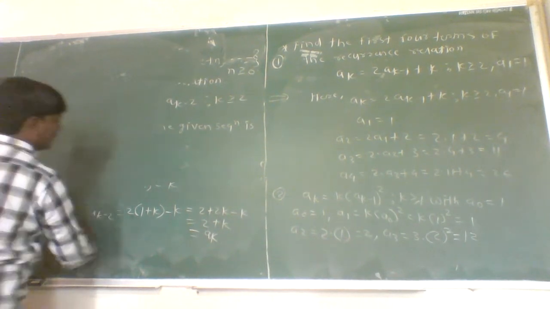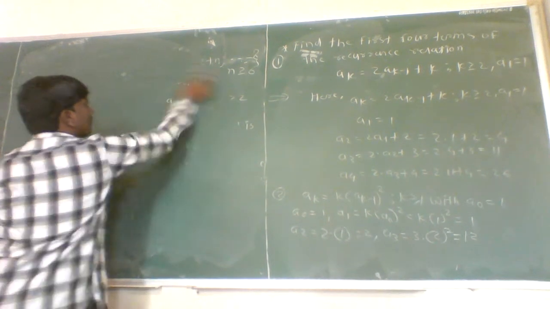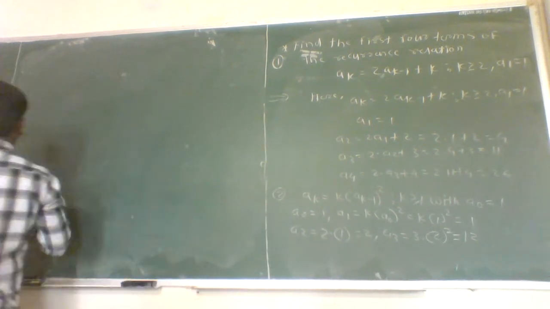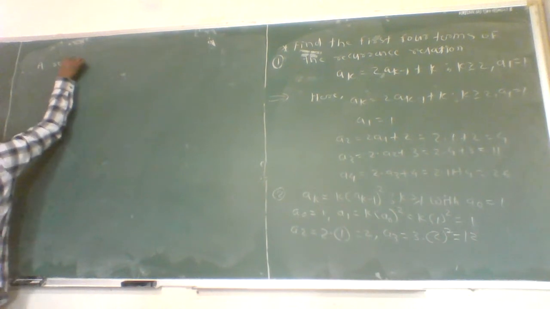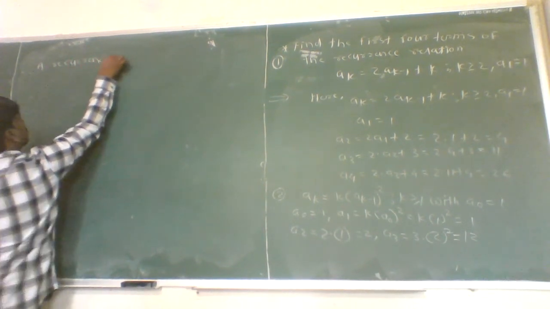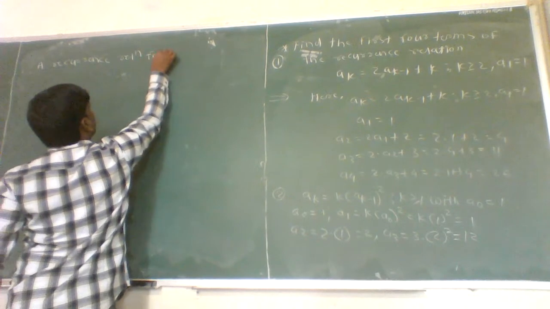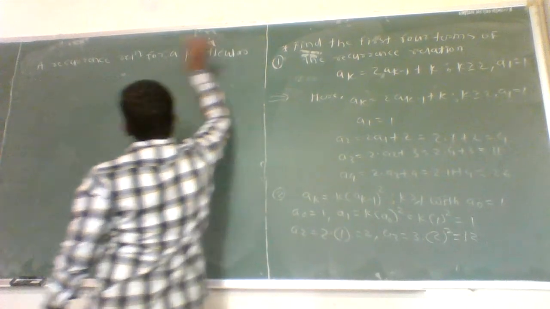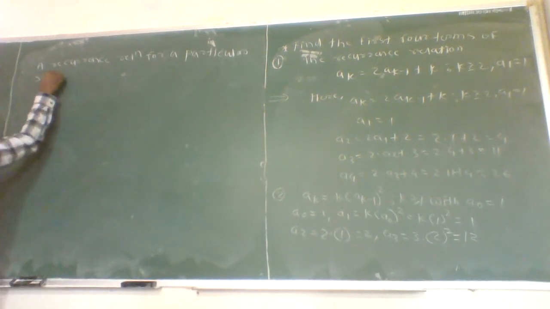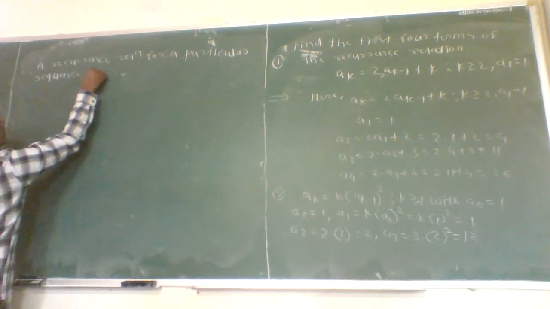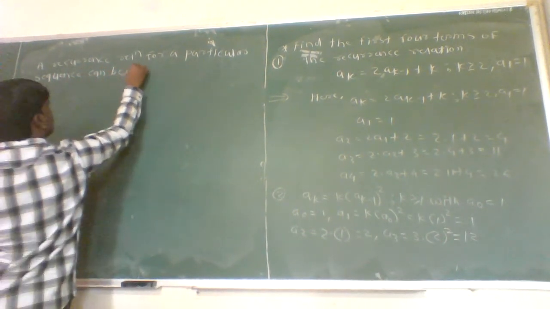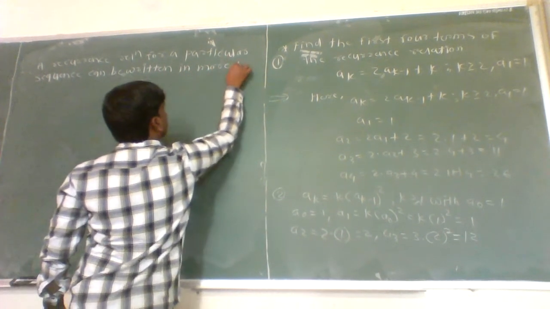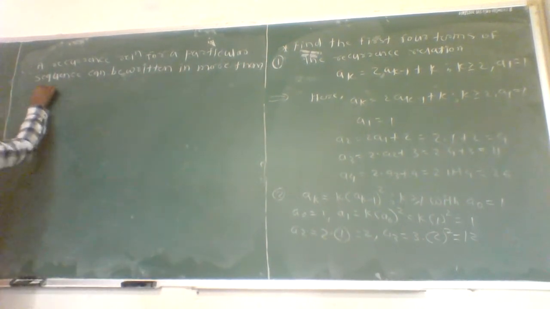a recurrence relation for any sequence can be written in more than one way. A recurrence relation for a particular sequence can be written in more than one way.